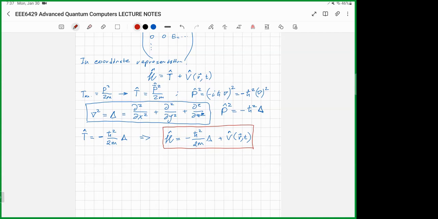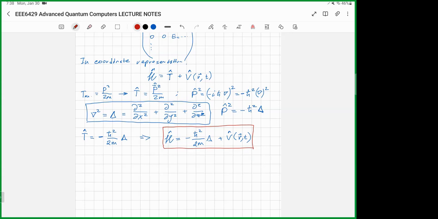You're already supposed to have had introductory classes to quantum mechanics, etc. And I'm sure you discussed this Hamiltonian in this form. My goal here is to explain how all this connects to the more general quantum theory.